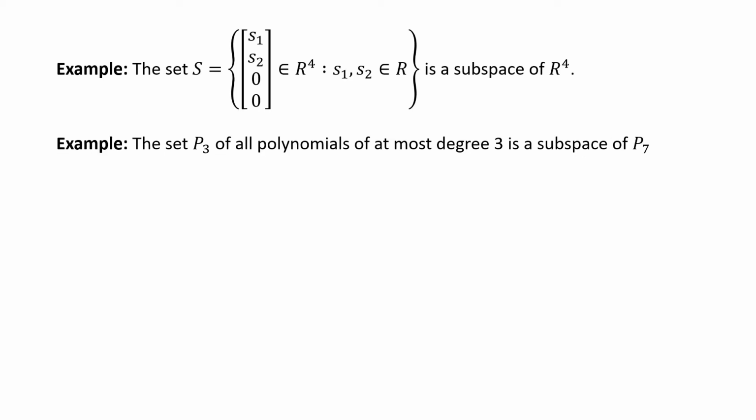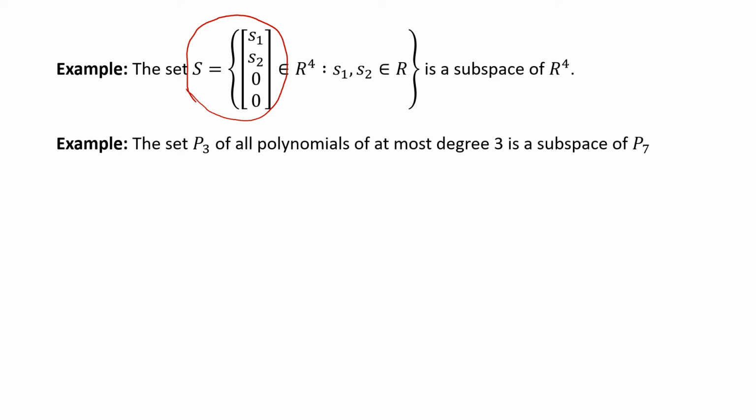So a couple of examples. The first one is the type of thing that we've seen before when we talked about subspaces. If you look at R4, but then you narrow your focus to just the elements of R4 where the last two entries in your vector are 0, that is a subspace.